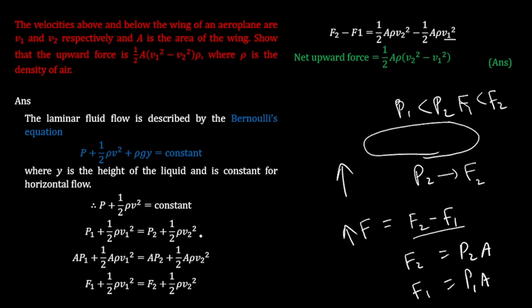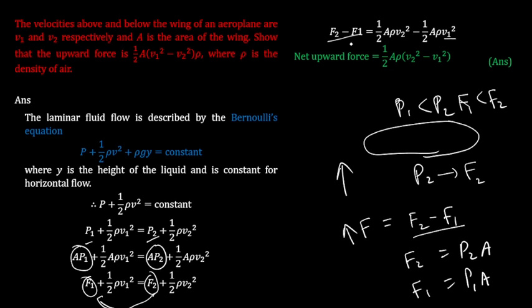So here we have an equation which contains pressure. We multiply both sides by the area of the wing, and we get AP1, which is the force above the wing, and AP2, which is the force below the wing. We take F2 on the left hand side and it is subtracted, and we take this term on the right hand side which is subtracted from here.